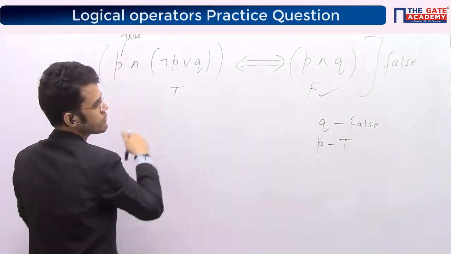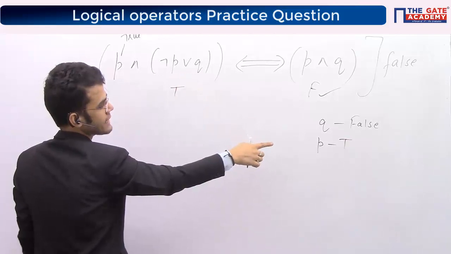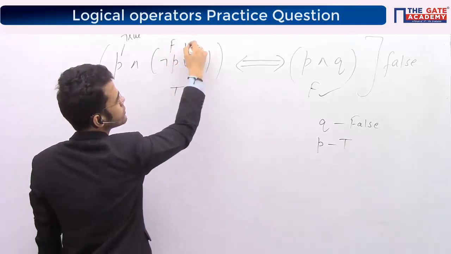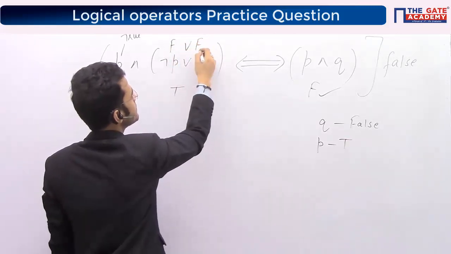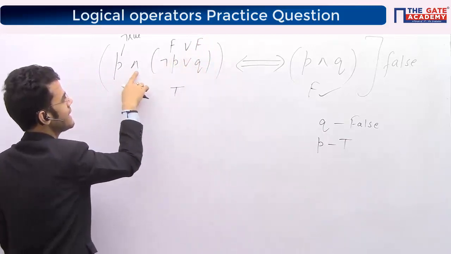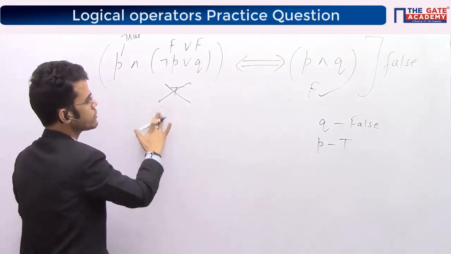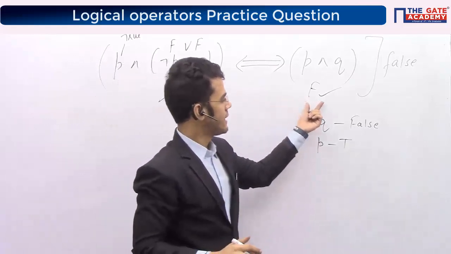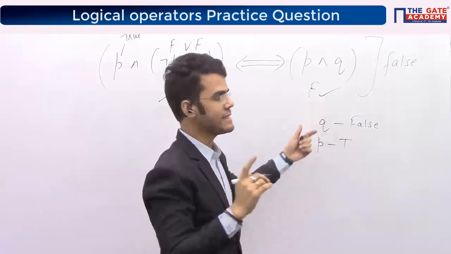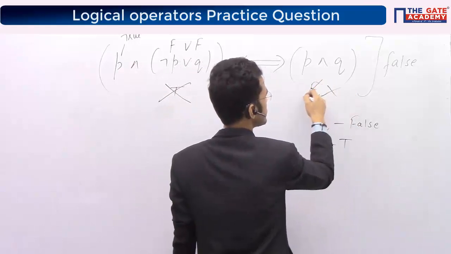Let's check for this thing now. Negation P, negation true will give me false, or Q is also false. False or false will give me false. So false and true will not give me true, will give me false. So since I am not able to generate true this side and false this side, first case is out.